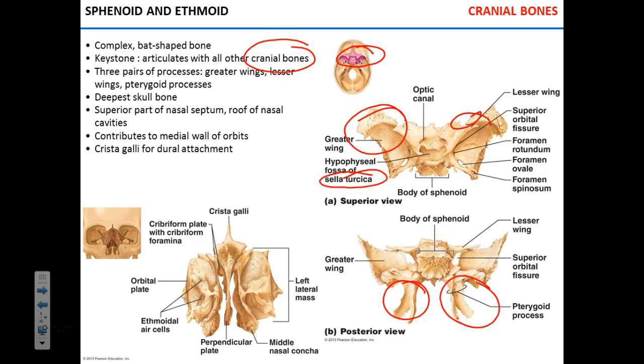I have no idea why it's Turkish. Probably because Turks were riding in those saddles. But this is the site where your pituitary gland is housed. So that's not just a depression, that's where the pituitary gland is. Okay? That makes sense. Now, ethmoid bone.